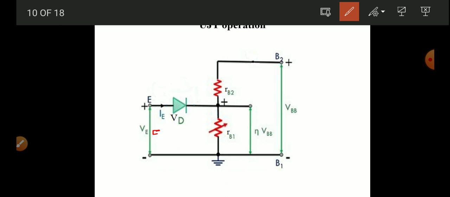When the emitter voltage increases to eta VBB plus VD, at that time the diode becomes on, or the UJT triggers. At that time the current starts to flow. This voltage is called peak point voltage. The voltage at which the diode conducts is called peak point voltage.